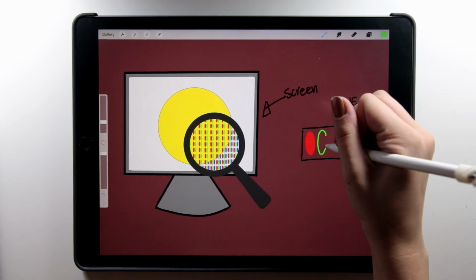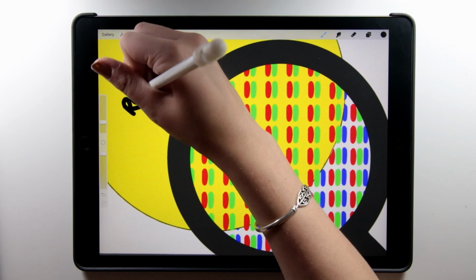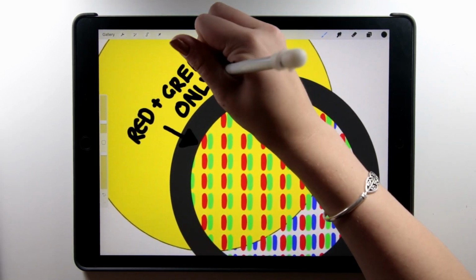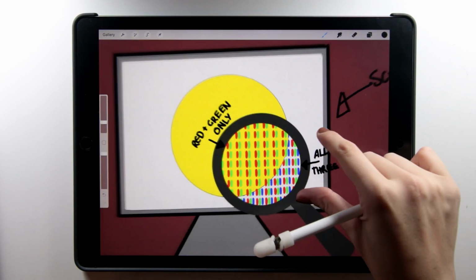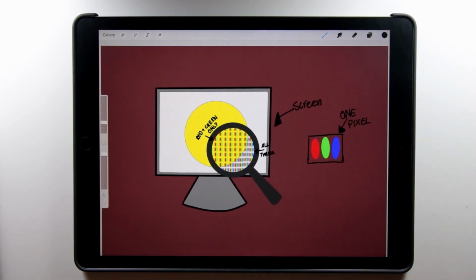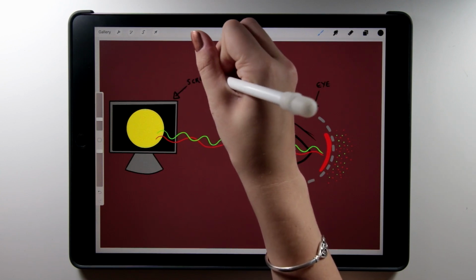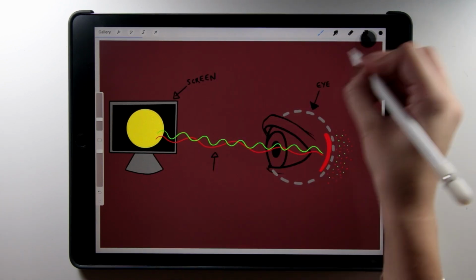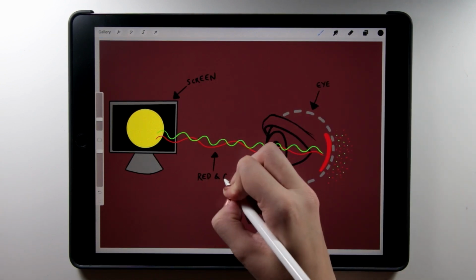As you may or may not know, your screen is made up of a whole lot of pixels, and behind every single pixel are 3 tiny lights. 1 red, 1 blue, and 1 green. All your screen has to do to show you yellow is send a little bit of red light and a little bit of green light, and as long as the pixels are small enough that you can't distinguish between the red and the green, your brain will receive signals that your red cones are firing and your green cones are firing, and it will conclude that you're seeing yellow.